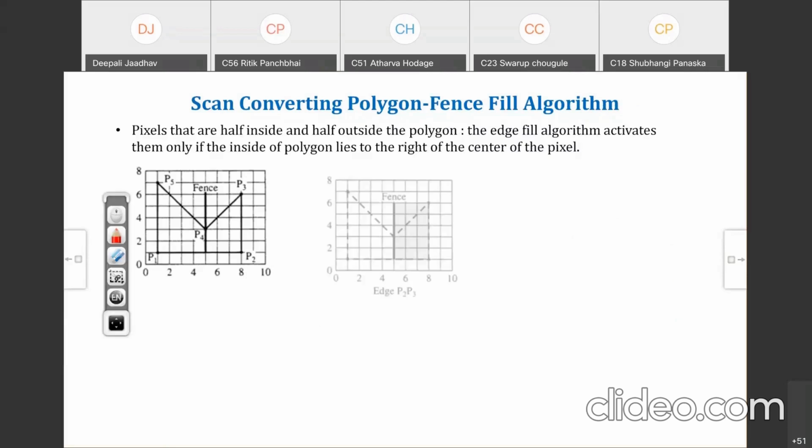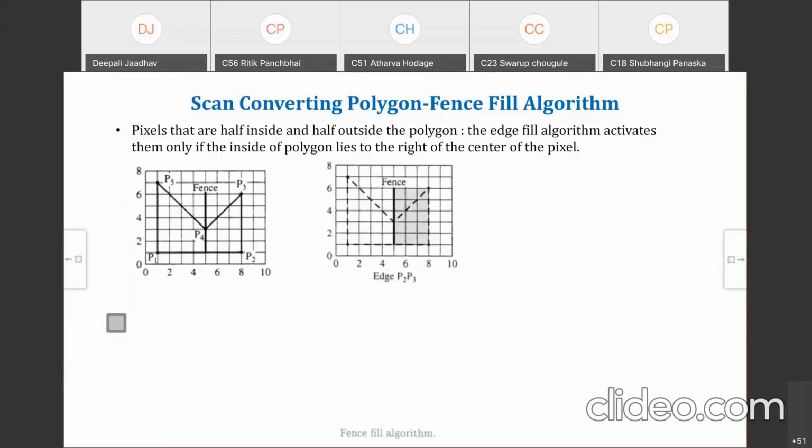In this example, again the same polygon is used, only here we use an extra line, the fence, which divides it into two parts. Now start with the same P2 and P3 line. This is P2 and this is P3. What is the algorithm?